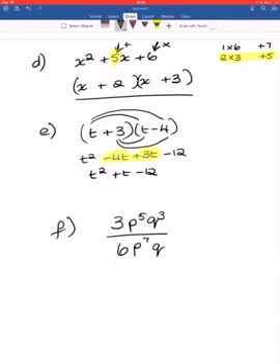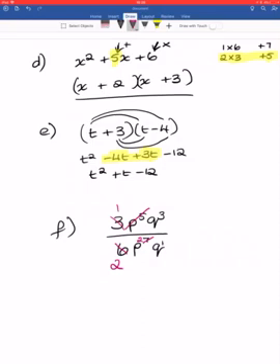Right, so looking at my numbers first, 3 goes into 3 once and into 6 twice. Remember, if you are dividing, you subtract the powers. So I've got p to the 5 there, so I can take the 5 off the 7 and I end up with 2 there.